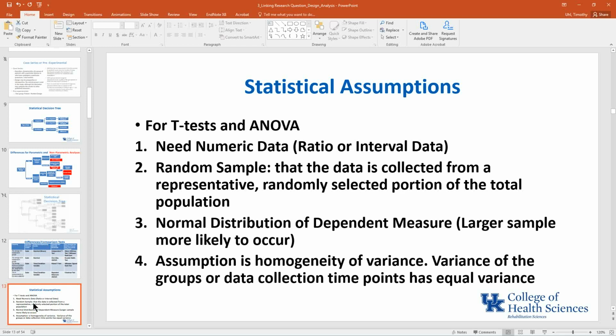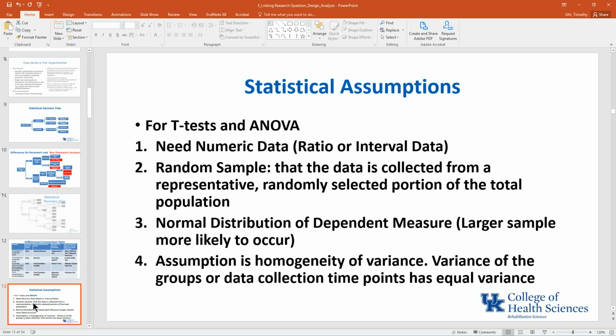That's the key: the normal distribution of the dependent measure, the measurement that we're actually capturing in our research analysis. The larger the sample, the more likely this is to occur, so we really have to check on this when we have small n's like 15, 20 and 25.